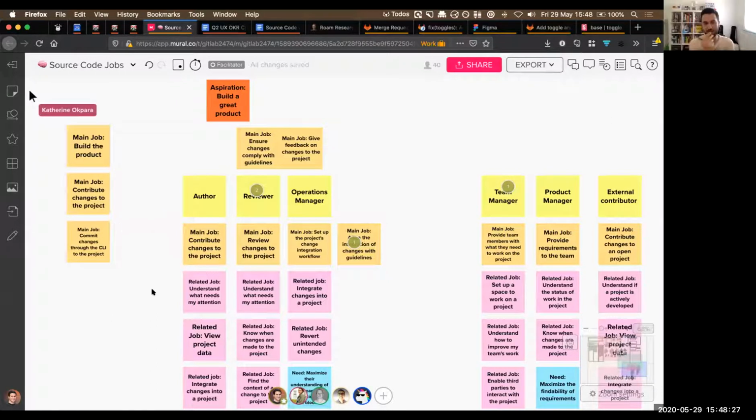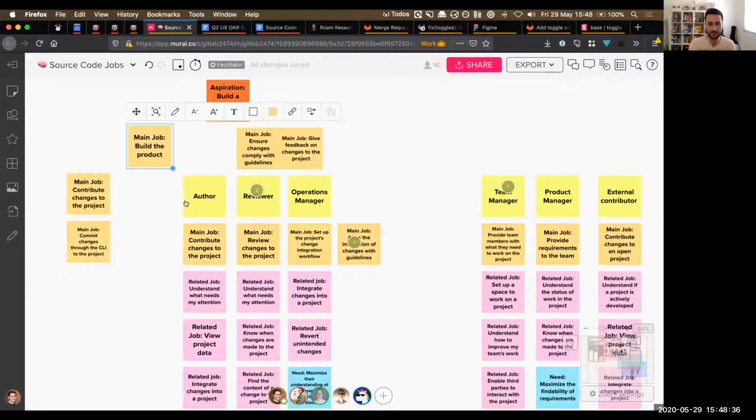Let me just ask one question. So I think if we're going to say that the main job is, for example, for authors, is to build the product, we're basically like this job is shared by all of GitLab stages, right?